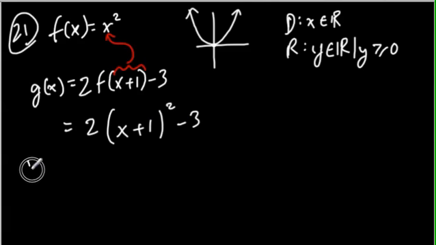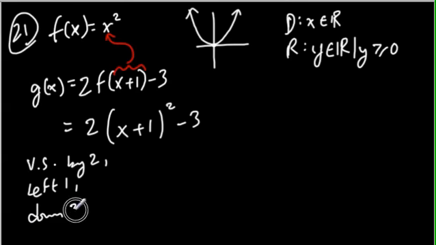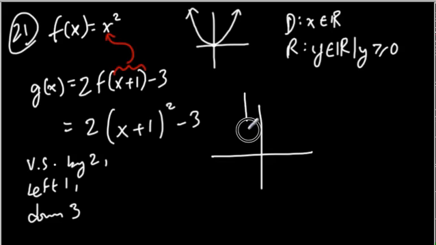If we observe here, we see a vertical stretch by 2, left 1, and down 3. The vertical stretch is just going to stretch it even further like this. That's all it's going to do.